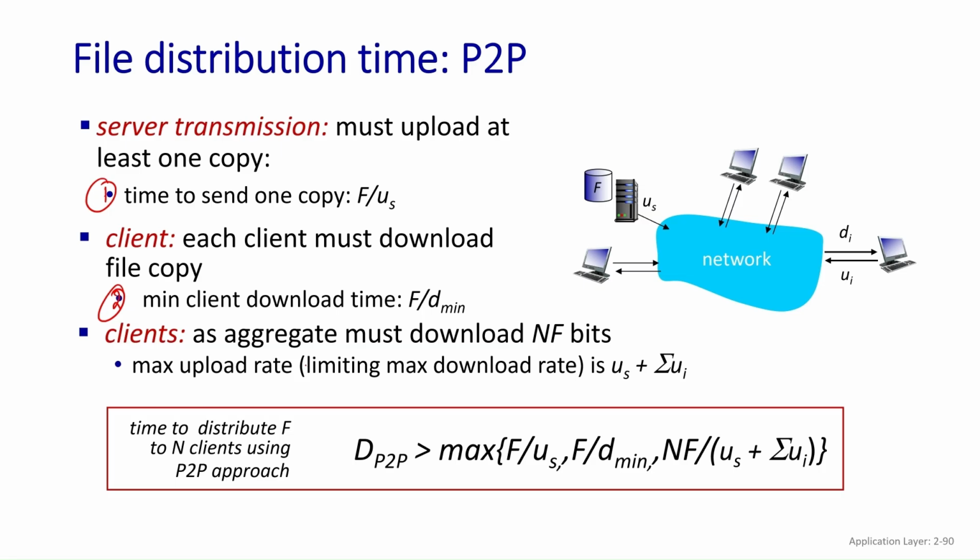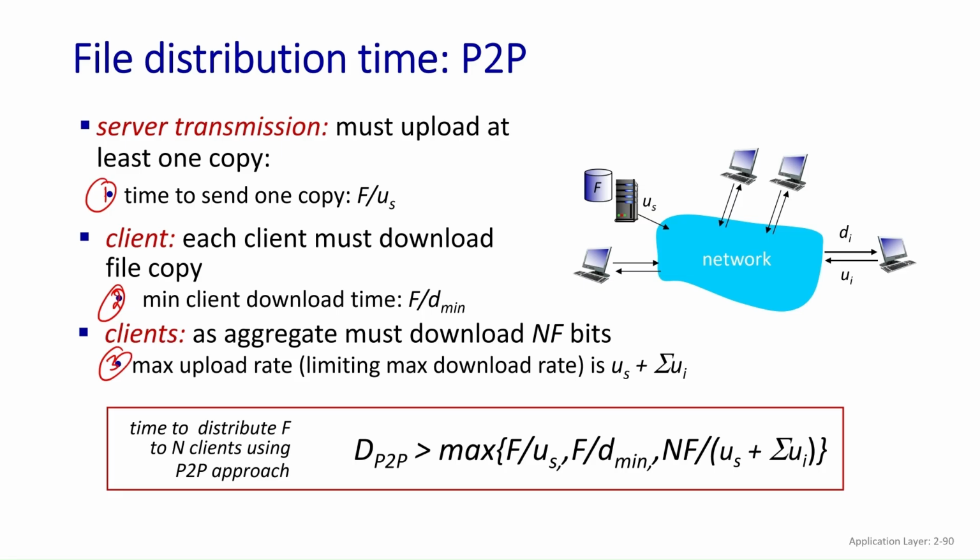Okay, and now this can be another time, the file distribution time, which is the maximum upload rate, where all the clients are sending or sharing or participating in this file sharing process.